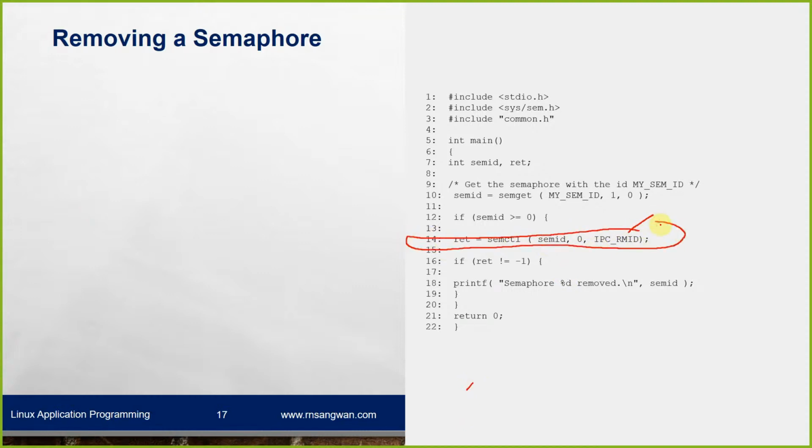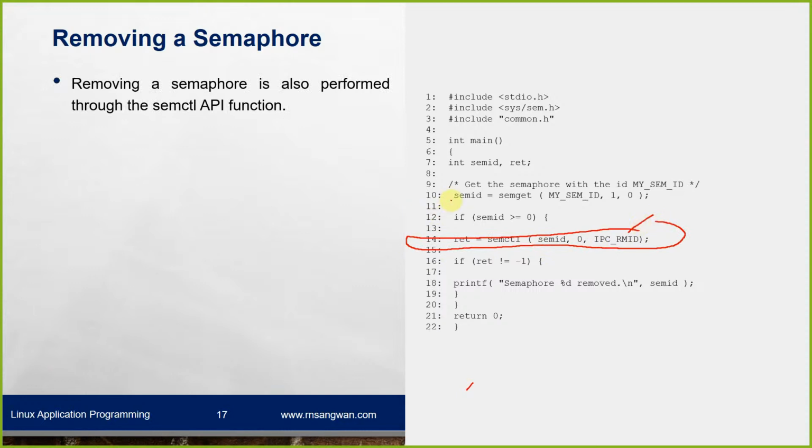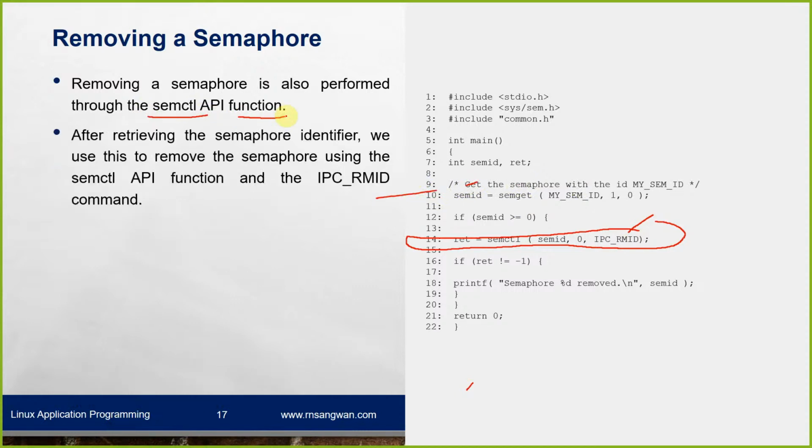This is removing the semaphore. Removing a semaphore is also performed through the semctl API function. After retrieving the semaphore identifier, we use this to remove the semaphore using the semctl API function and the ipcrm command.